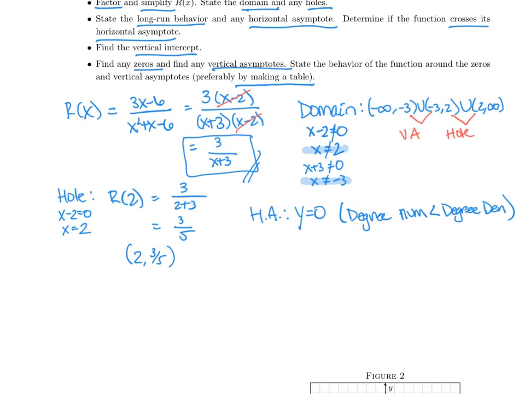So for our long run behavior, I know that R should be capitalized. I never know when to capitalize the R. Okay, so for us, as x approaches negative infinity, r of x approaches whatever our horizontal asymptote is. In this case, 0.